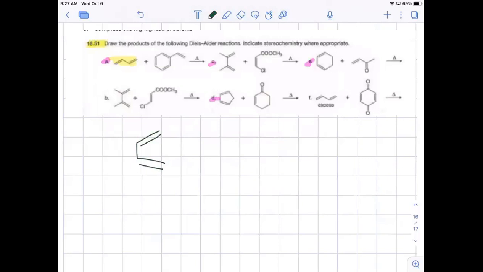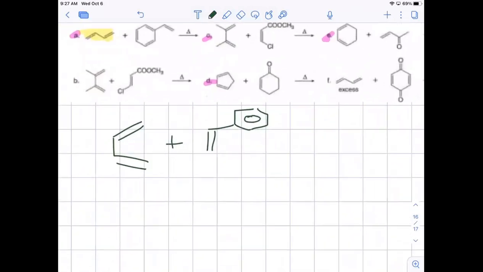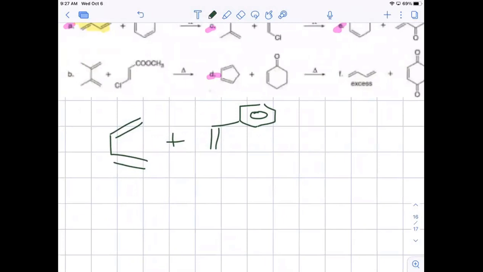So that's my diene, and then this is my dienophile. I'm going to draw it like this, and I'll just put a ring inside that aromatic. Right, so this is my diene, this is my dienophile. Can somebody put the arrows in and let's see what the product is going to look like.